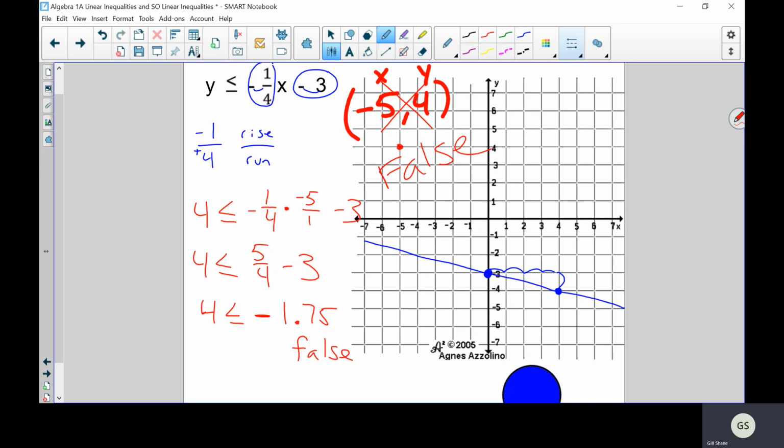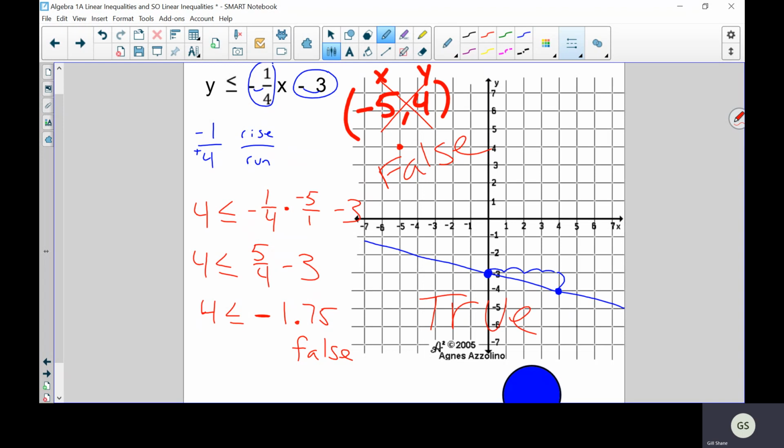Remember, you only have two options. One side is the solution side, one side is not. There's no combinations of anything. So it's either one or the other. So if I write false over there, what do you think I'm going to write on the other side of the line? True. Yep, I would hope that's pretty intuitive, right? If one side is false, the other side's true. So that's your next step.